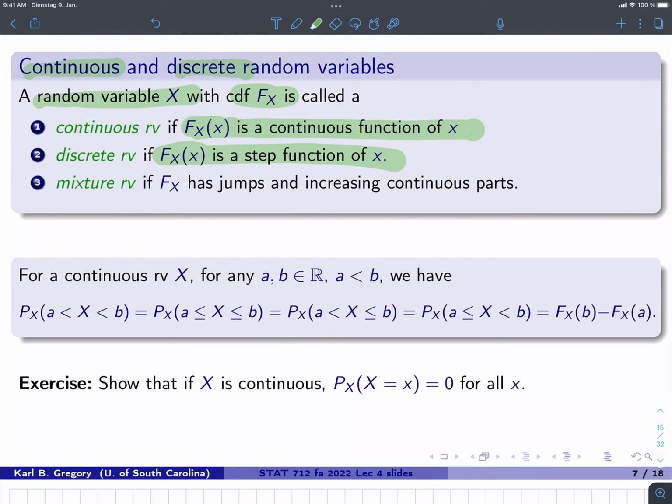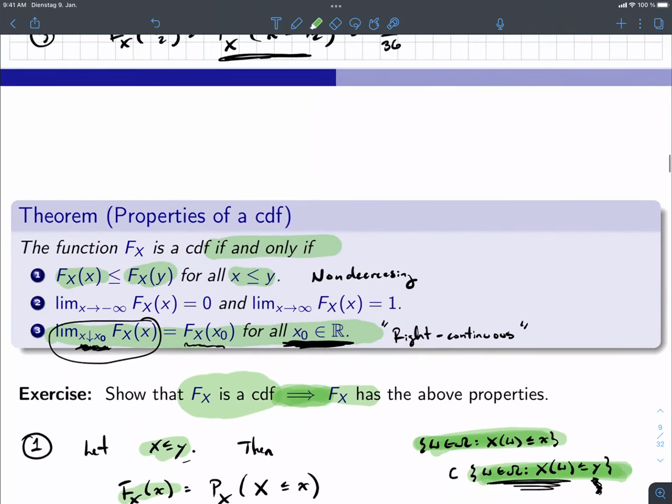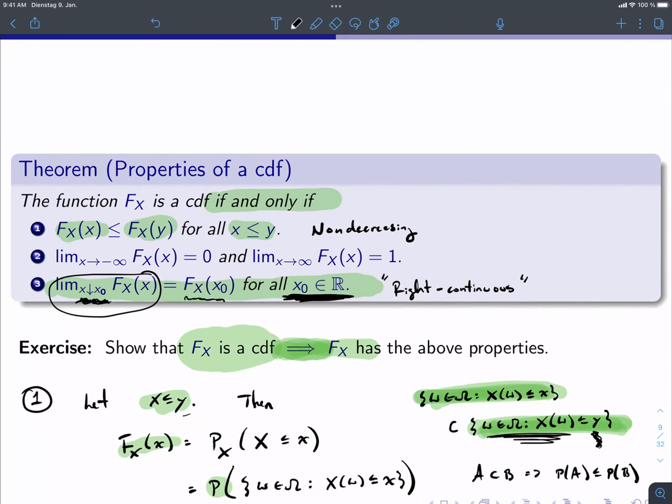We can have random variables which are kind of a mixture of the two. So if we just look at these three properties that every CDF must possess, it allows for more than just step functions and totally continuous functions. So a step function is like this, for example. So we have step, or you could have a continuous one. You could also have some kind of combination.